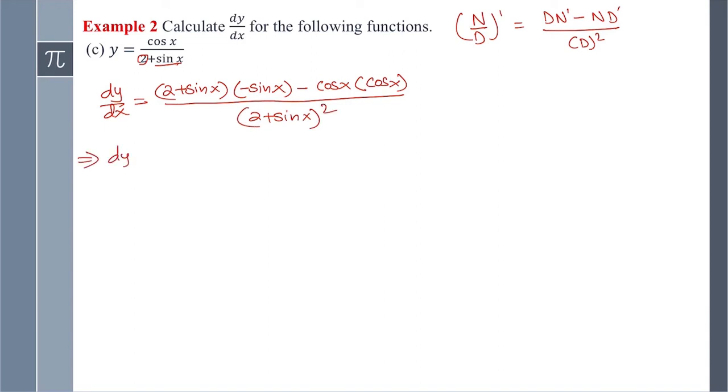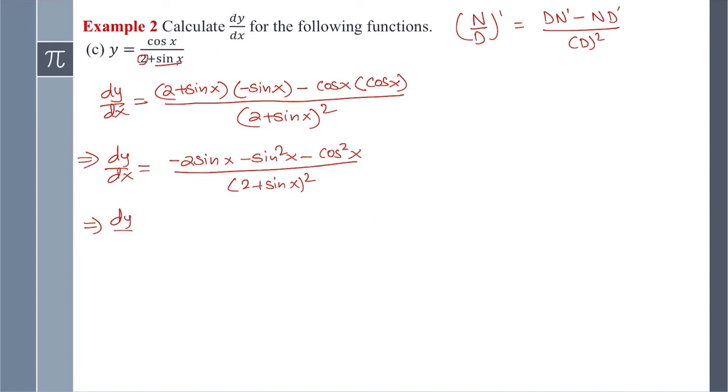Now dy over dx equals, so if we distribute this, if we multiply this, we get negative 2 sine x minus sine squared x minus cosine squared x divided by 2 plus sine x, the quantity squared.